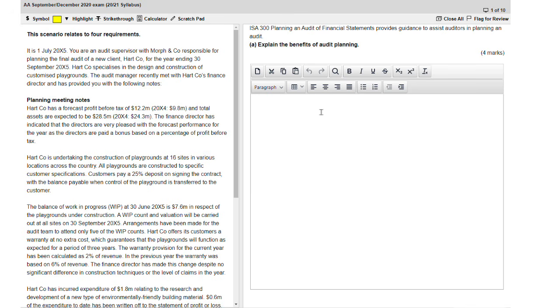It could either come from your brain, which with respect to all of us would be quite hard if you're trying to make something up, or it will hopefully come from the fact that you've learned the benefits of audit planning from ACCA 300. When you're going through the learning materials, it's important that when you hit an ACCA and you see things like the benefits of planning, the types of analytical procedure, whatever it happens to be, that you've made a little note.